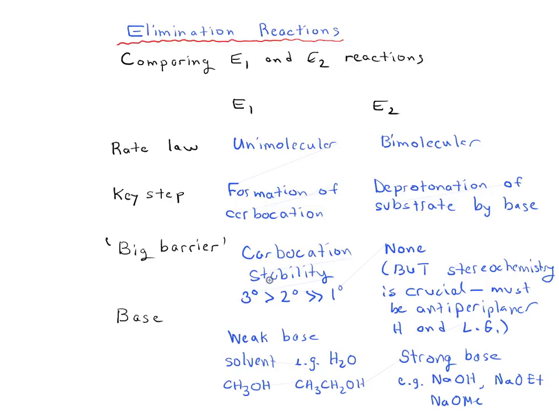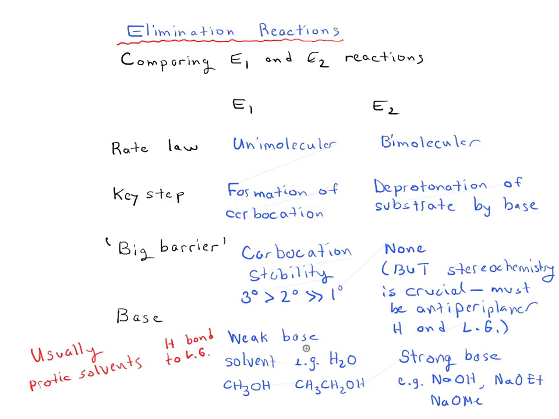And maybe I should have had another slide here for the solvent in the E2 and E1. Usually for both, we usually use protic solvents. Not always, but usually protic solvents. In the case of the E1, they help the leaving group leave because they hydrogen bond to the leaving group.